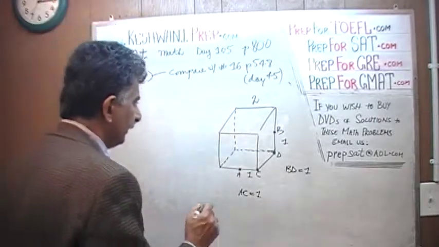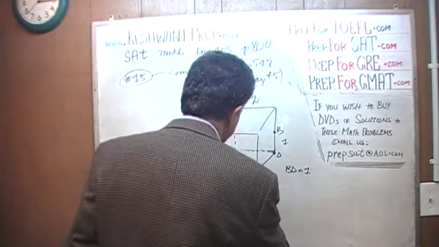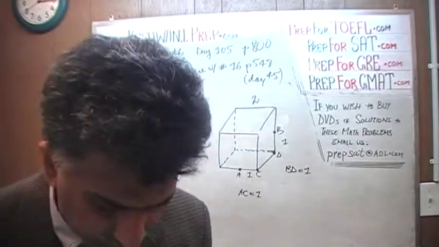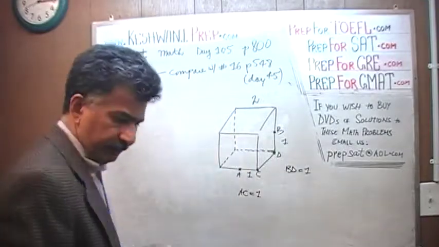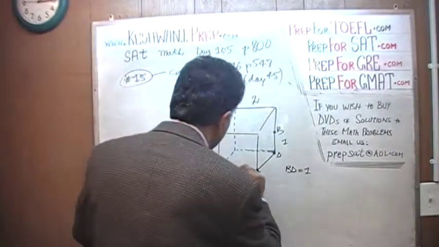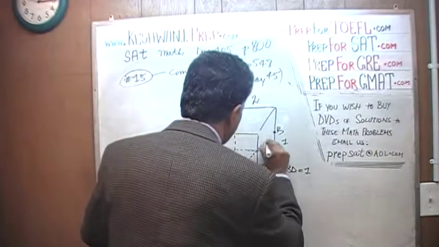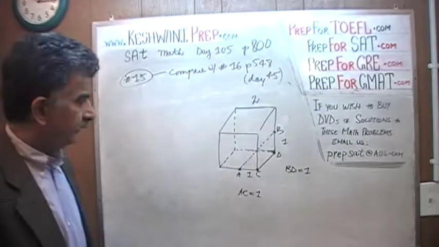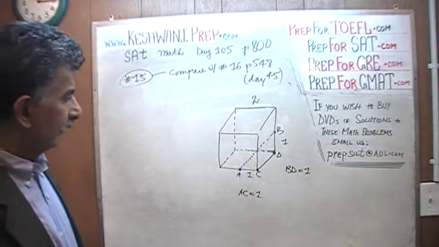In order for us to find the AB, right here is the AB. I'm going to put it in a different color so we can see it. It's a red ink.